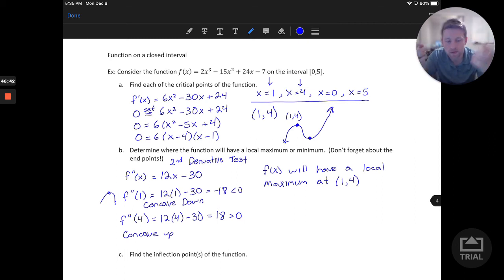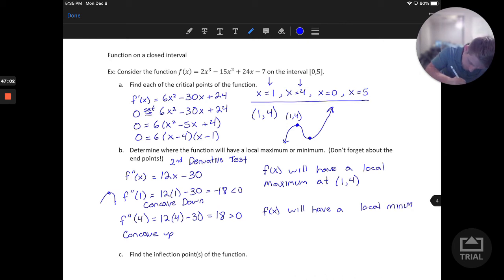And just like our little picture here, our intuition is telling us that that is going to be a local minimum. So f of x will have a local minimum at, again, the point here 4.